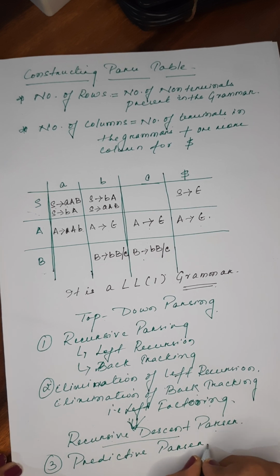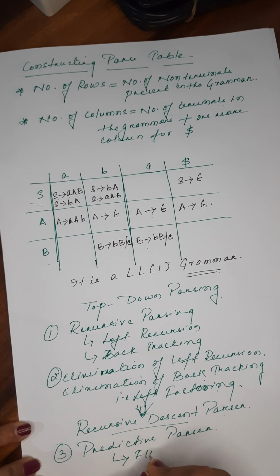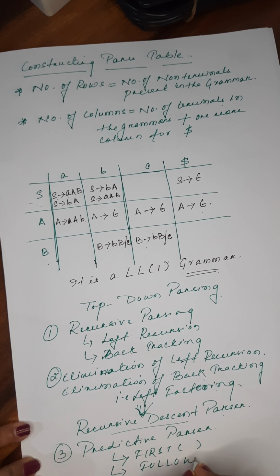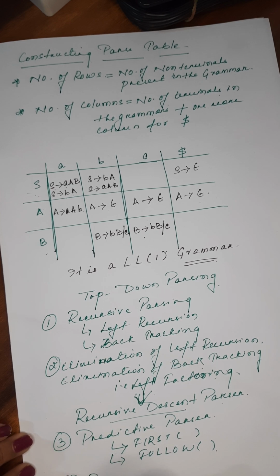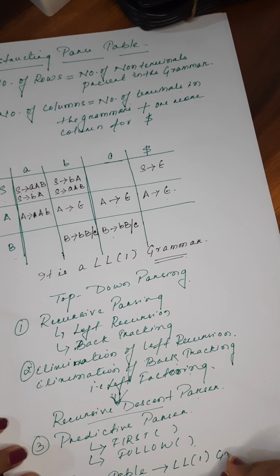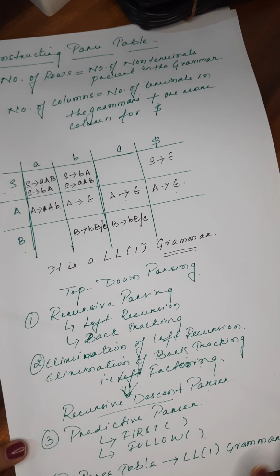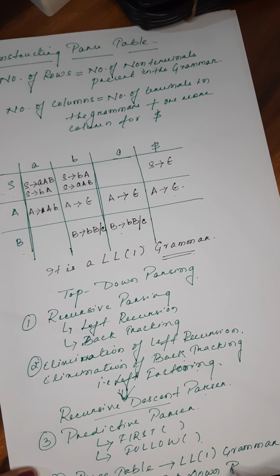Then we studied the predictive parser. In the predictive parser we learned two new functions, first and follow, and the last step was the parse table, which gave you an LL1 grammar. So, we have reached the end of top down parsing.